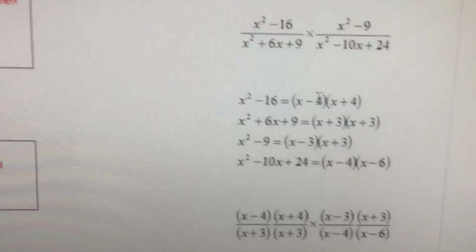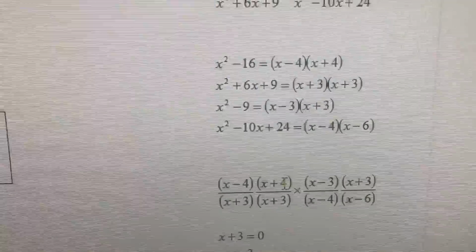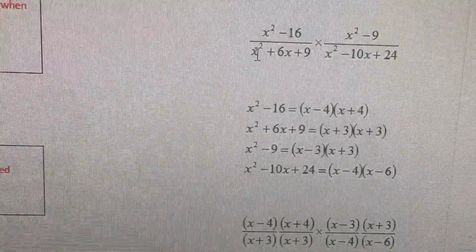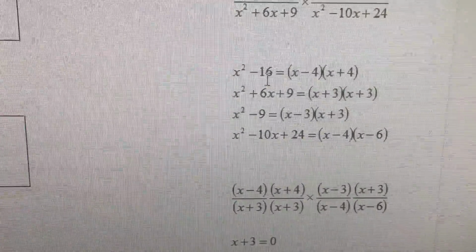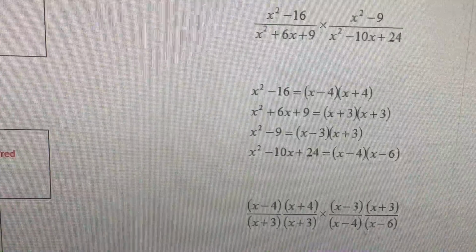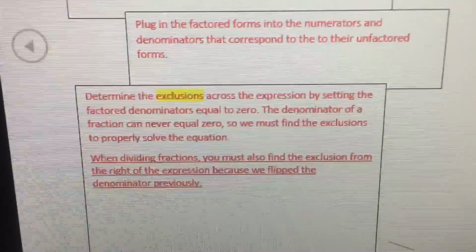So the x minus 4 times x plus 4 goes here, and x plus 3 times x plus 3 goes down here, and then these are the same. I'm sure you get the gist. That's pretty simple. Then we've got some more difficult things going on.